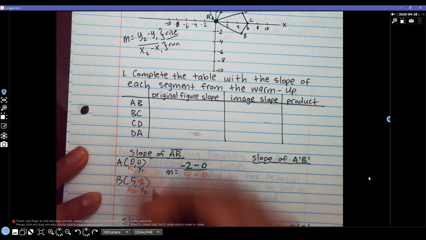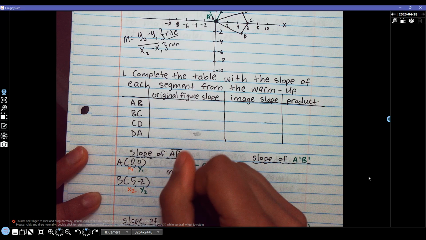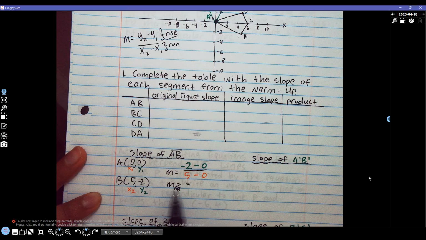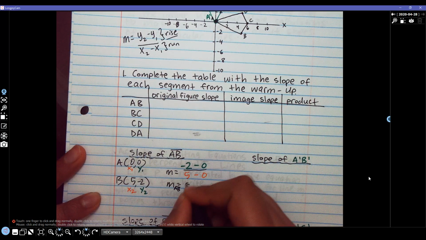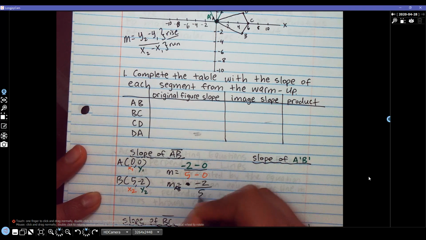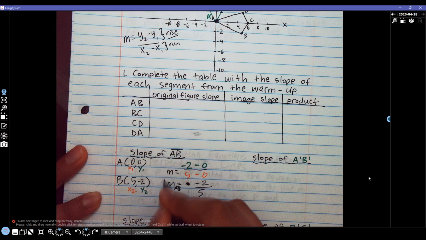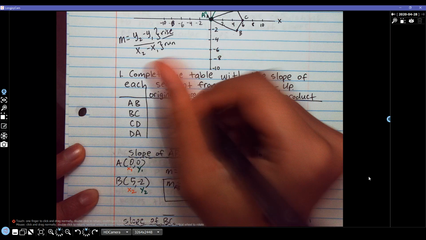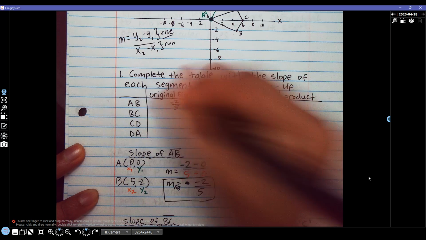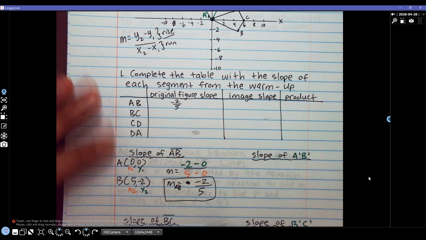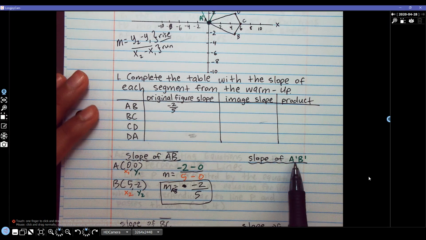So my slope of line segment AB, I'm just going to write M subscript AB, is equal to -2 minus 0, which is -2, over 5 minus 0, which is 5. So my slope of segment AB is -2 over 5, so I'm going to fill that out here. -2 over 5.